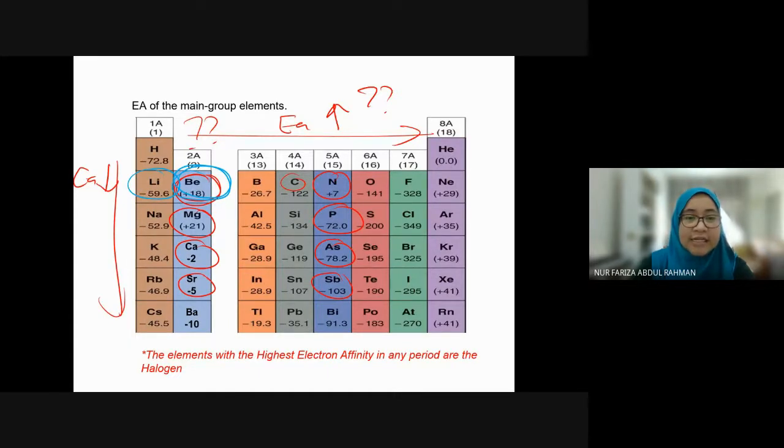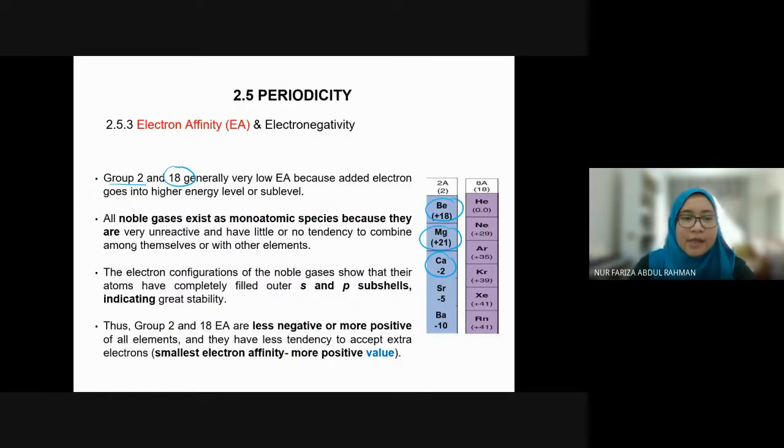EA should become more negative as we cross the period from left to right. Alright, so all noble gases, generally very low EA. Group 2 and 18 generally have very low EA because the added electron goes into a higher energy level or sublevel.